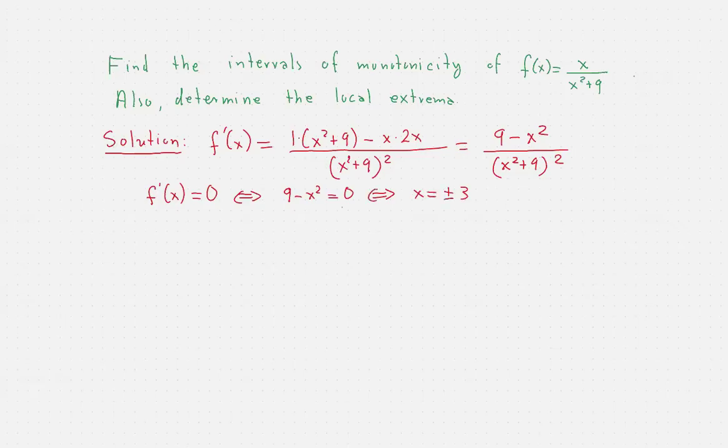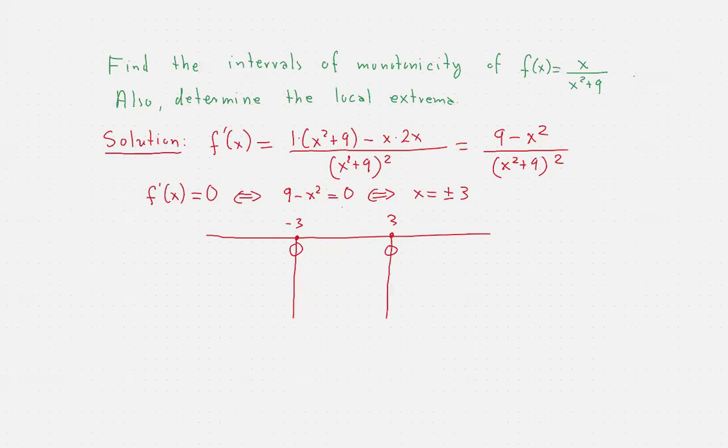So since the derivative changes sign at 3 and negative 3, and it's nowhere else 0, that means that it's going to have constant sign on the intervals in between those numbers. So we know that it's 0 here and here. And then at these three intervals, it's not going to change sign.